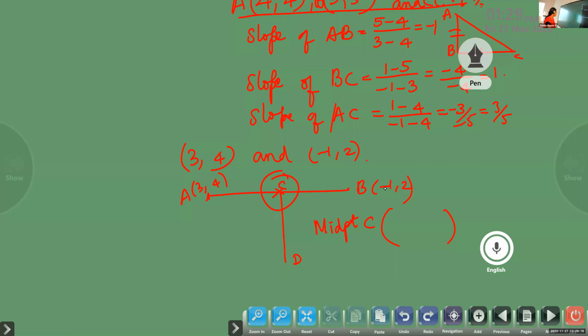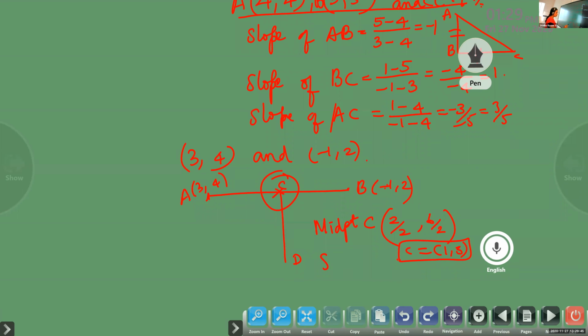Aryan, formula to find the midpoint. x1 plus x2 by 2 and y1 plus y2 by 2. So add the x coordinates, divide by 2. Add the y coordinates, divide by 2. So you'll get minus 1 plus 3, 2 by 2, and 2 plus 4, 6 by 2. So the midpoint is 1, 3. So we got the point C.